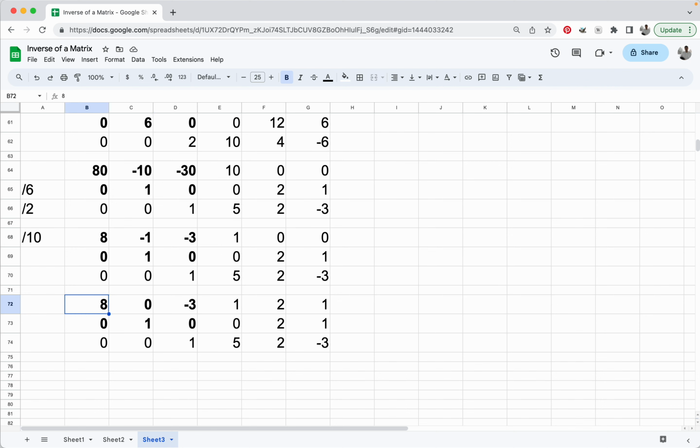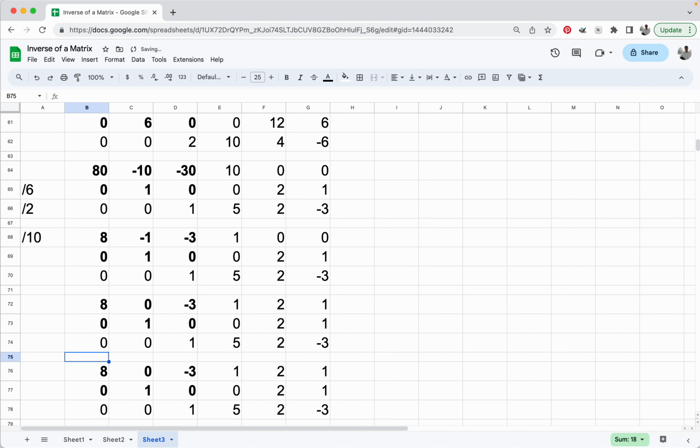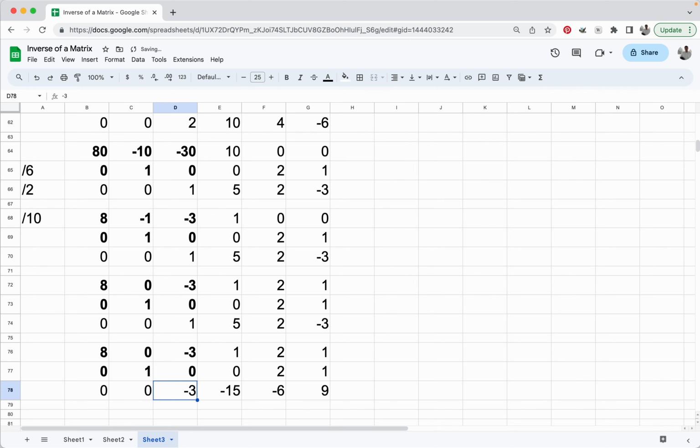Now this I need to make it minus 3 so that this will become 0. Copy as is. This one 0 0 minus 3, minus 15, minus 6, plus 9. All right.